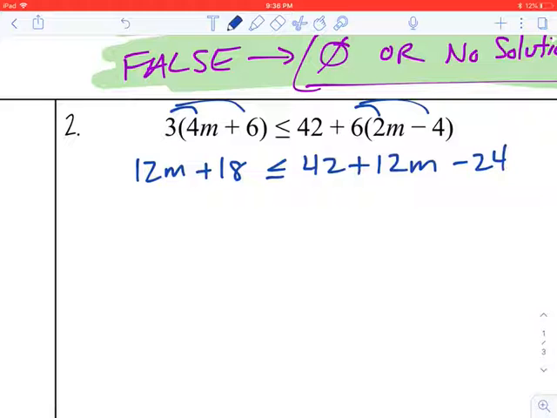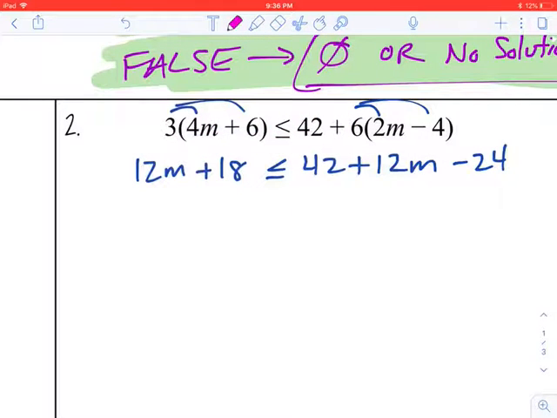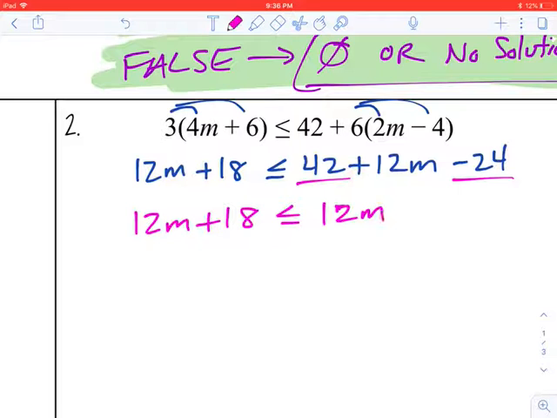And now we go ahead and solve both sides. So again, this side stays the same. Nothing's changing there. This side I have 42 minus 24. So I've got 12m unaffected, and then 42 minus 24, which is 18.